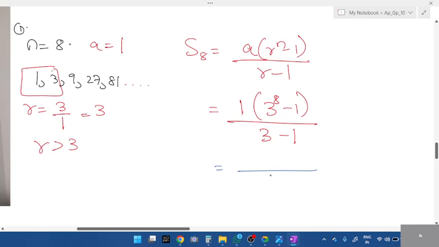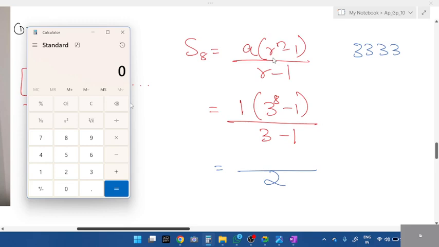3 minus 1 is 2. 3 to the power of 8. It's a lengthy question, 8 times. Let me multiply. They won't give you such tough questions, students.